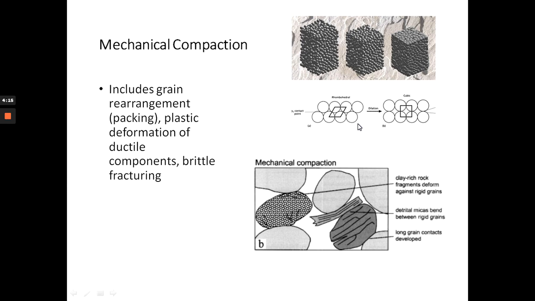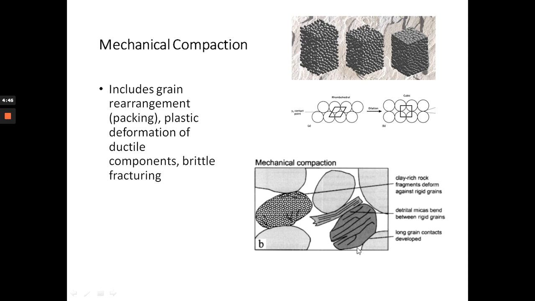So maybe you start with this kind of cubic packing here, and then because of more loading, it becomes rhombohedral packing, losing space. Now, after some time, you cannot lose any space anymore as you compact. So what happens next is your grains start to deform. If your grains are ductile, it can undergo plastic deformation.